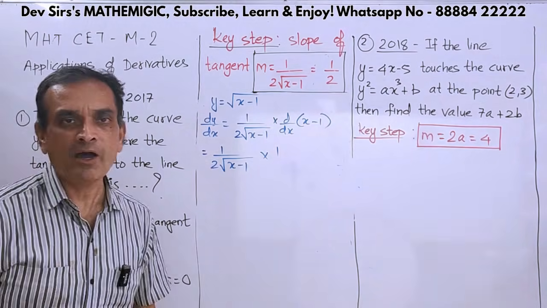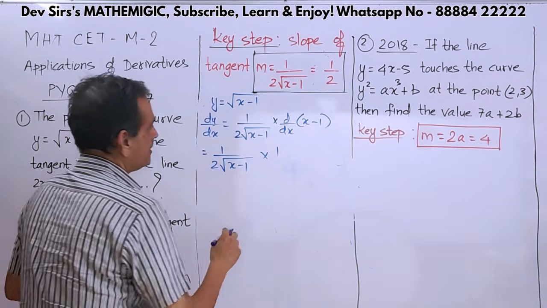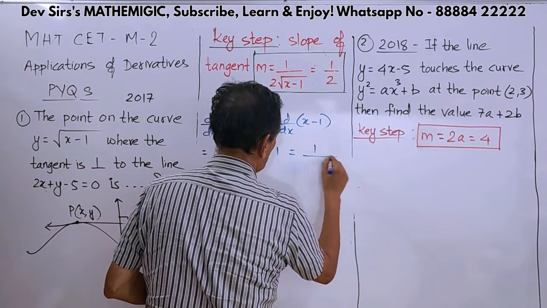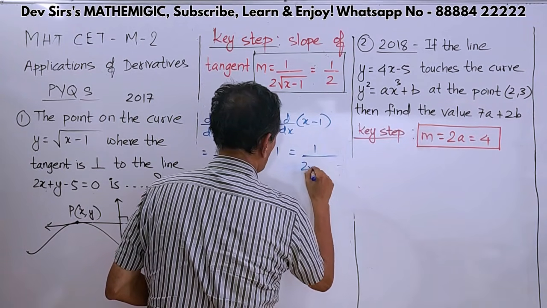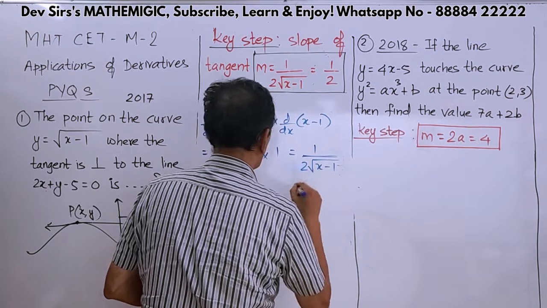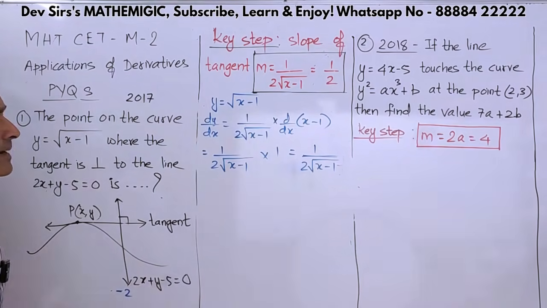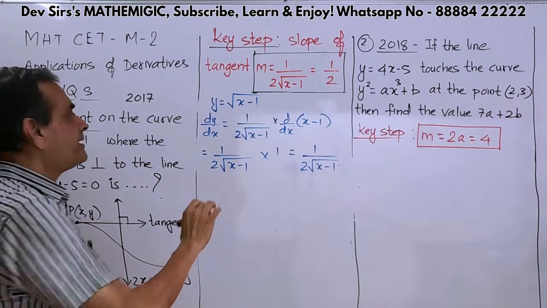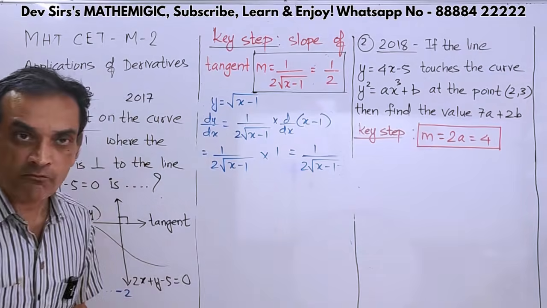These things you have to do orally. So 1 into 1 is 1. So 1/(2 root x minus 1) is dy by dx, which we got by differentiating the equation of the curve.